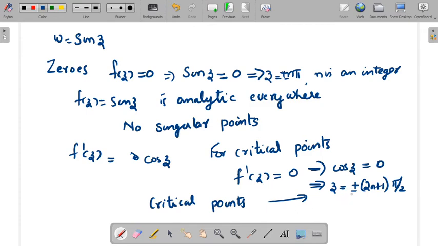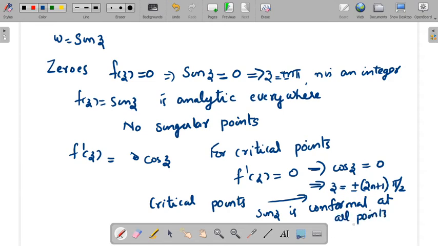So except z is equal to plus or minus 2n plus 1 pi by 2, at all other points the map will be conformal. So sin z is conformal at all points. It is analytic everywhere.